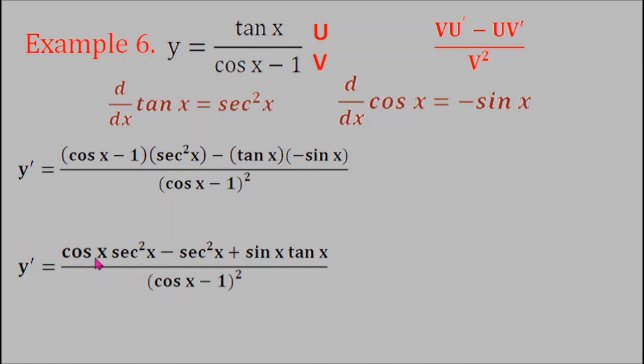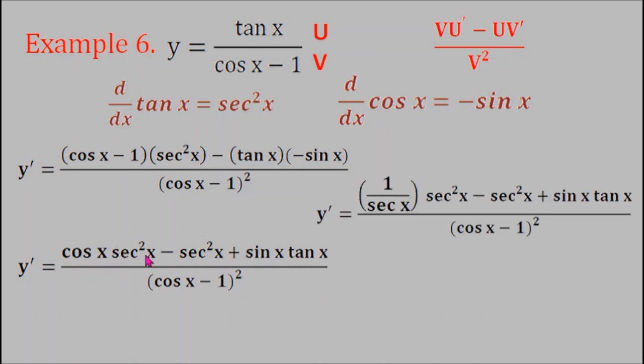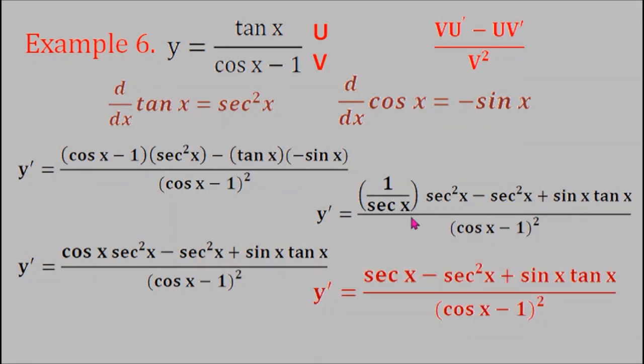And we know that we can simplify cosine x. So that can be written as 1 over secant x. So we can cancel secant x, so we have secant x minus secant squared x plus sine x tan x all over cosine x minus 1 quantity squared. So this is our answer.